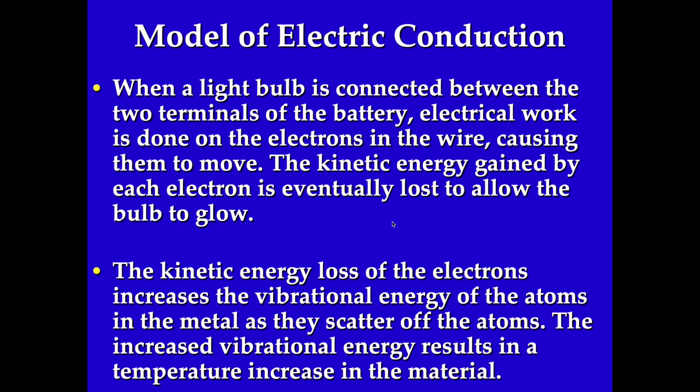The kinetic energy gained by the electrons is actually lost by them because these electrons are colliding with the atoms in the wire. After every collision, energy is lost by the electrons. That energy is converted into heat. In the case of a light bulb, the filament gets hot enough so that it glows.